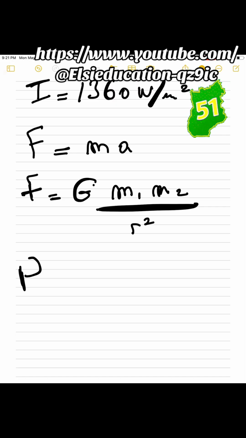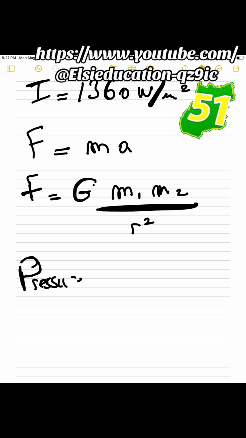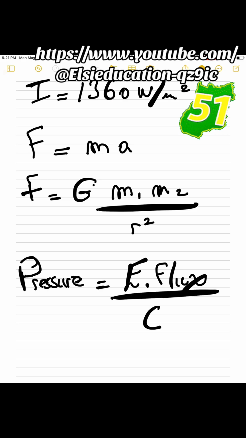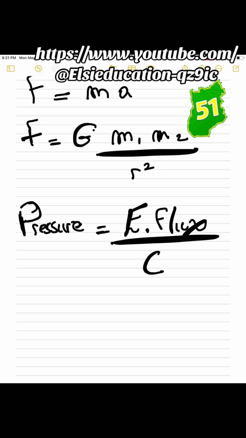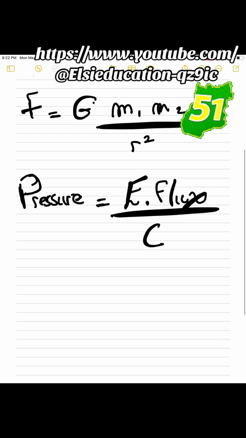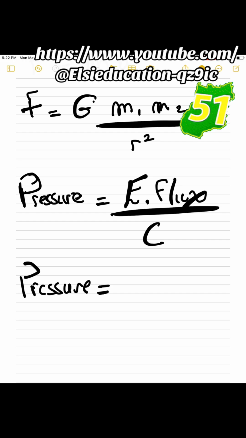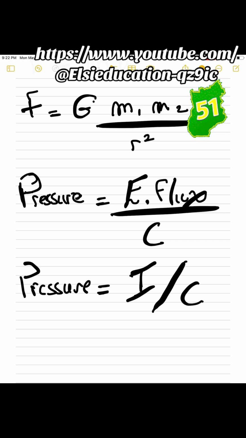So what they did here, first step, they took the pressure formula of an energy flux divided by the speed of light, and that's the pressure that the sun exerts on the earth. Somehow that pressure, the energy flux, is the intensity that the sun exerts on earth divided by the speed of light.